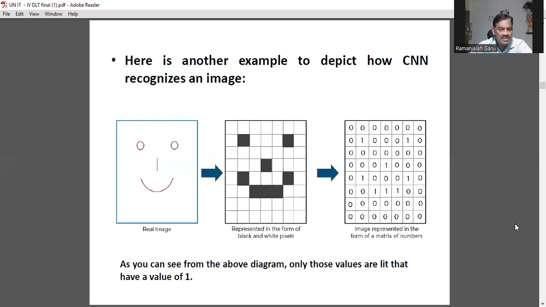Presence of a particular activity represents black color, otherwise empty. This diagram will be converted into zeros and ones, the image represented in matrix form of numbers. As you can see from the above diagram, only those values that are ones represent the exact diagram.